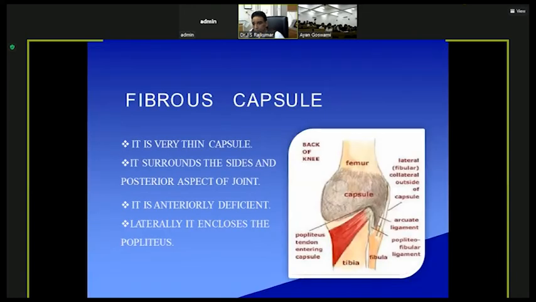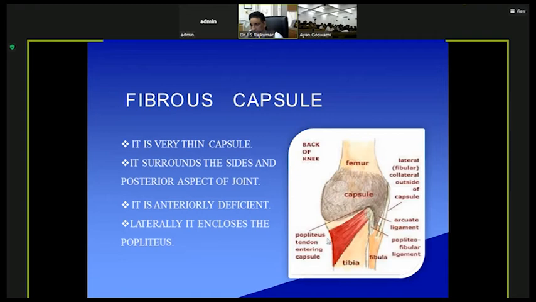Okay, let's look at the fibrous capsule. It's a very thin capsule which surrounds the sides and the posterior aspect of the joint, because anteriorly you have the patella, the patellofemoral articulation. So it is anteriorly deficient, and laterally it encloses the popliteus.